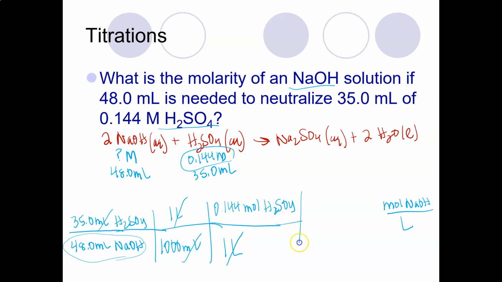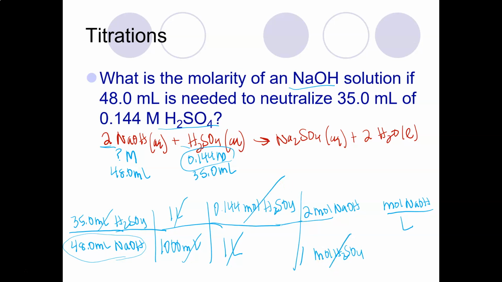That would convert this into moles of H2SO4, which is awesome, but it's not quite what I want. I have moles of H2SO4, I need moles of NaOH. So I'm going to convert using the unit factor mole ratio: 2 in front of the NaOH, 1 in front of the H2SO4.